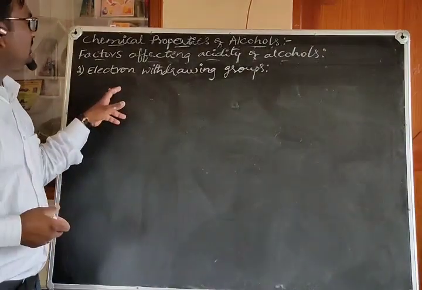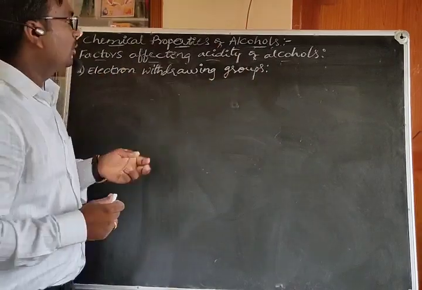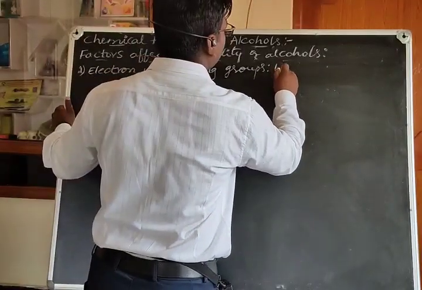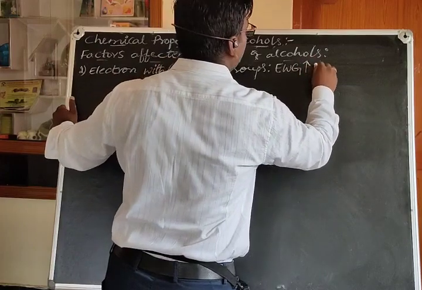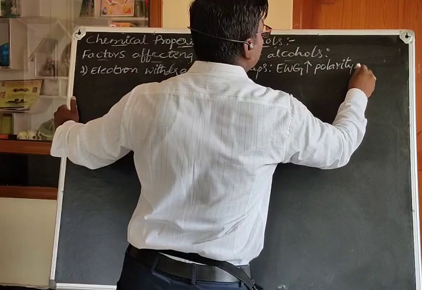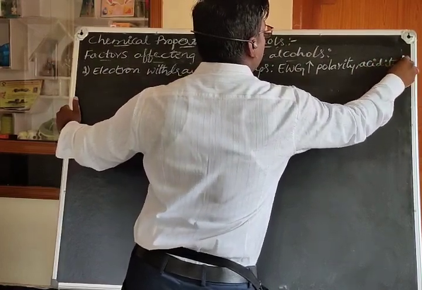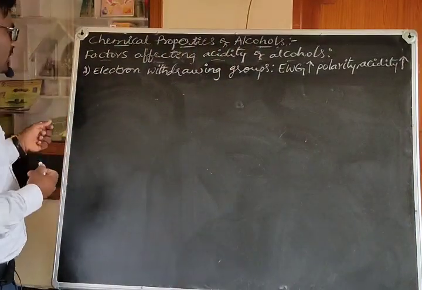Now we shall discuss the effect of electron withdrawing group on the acidity of alcohol. As the number of electron withdrawing groups increases, polarity and acidity increases. Let's take some of the compounds.